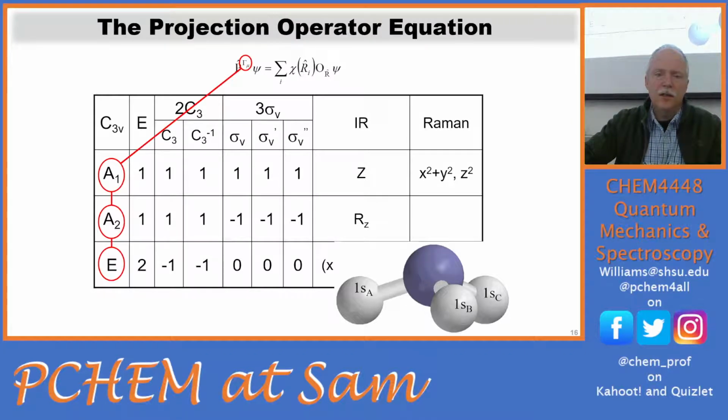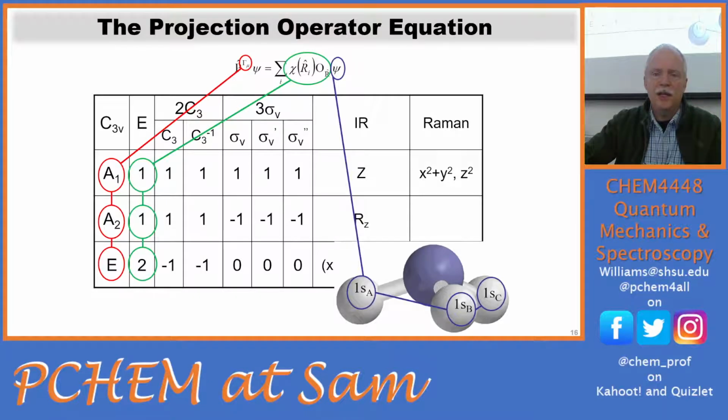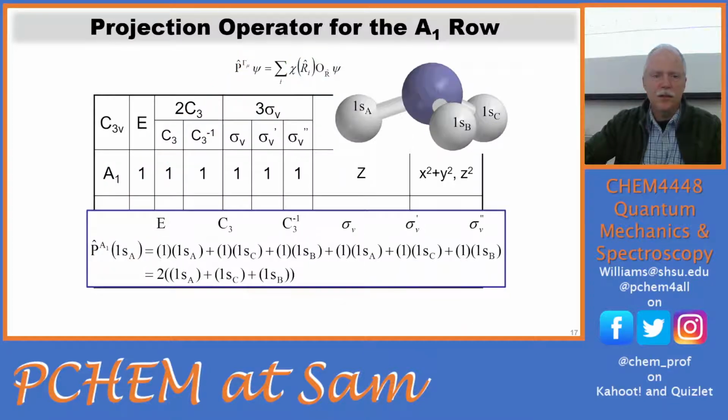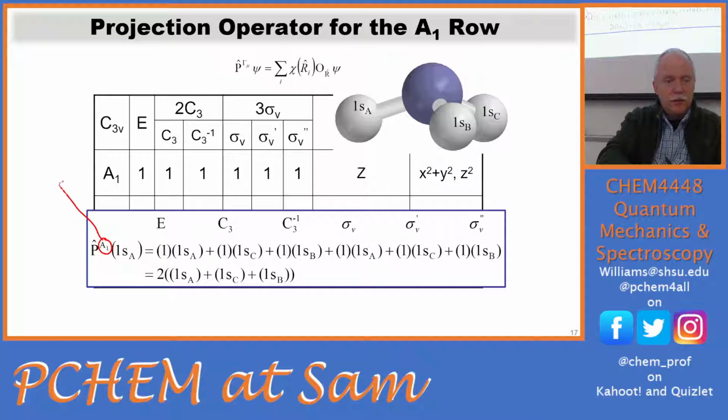So let's, again, we have the different rows for our projection, our characters, and then the results of our operations. And I've labeled the atoms A, B, and C like this. So let's work through a few of these here. So let's do the A1 row. So this superscript tells us we're on the row A1.